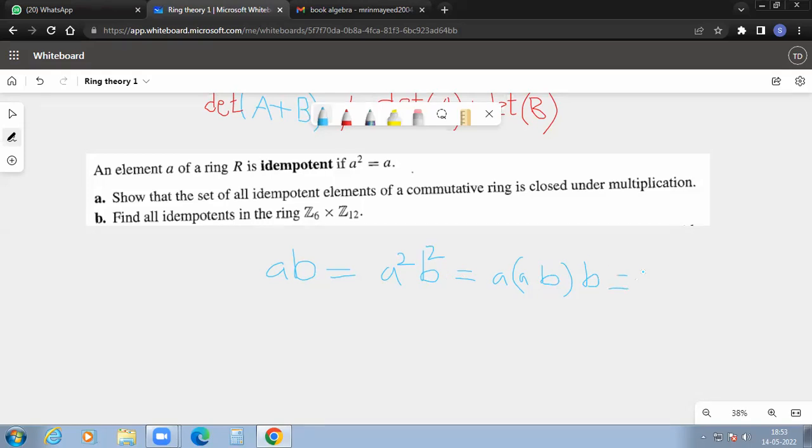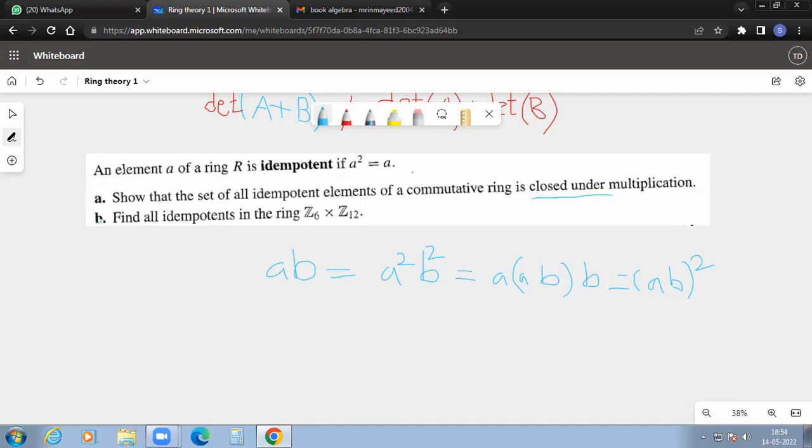AB into AB. I'll use commutativity and associativity repeatedly, so that I'll be getting AB, and it is AB square. What it means? The product of two idempotent elements is itself idempotent, and that is what we are required to show, that it is closed under multiplication, means the operation is binary.